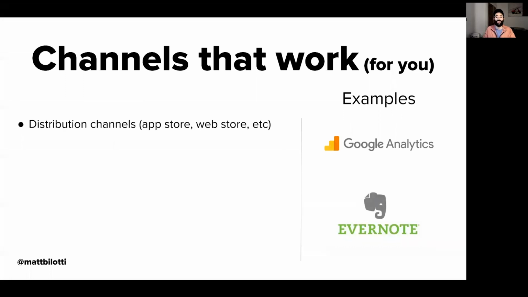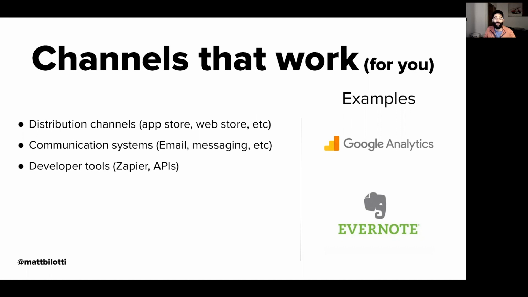There's distribution channels, so App Store, web like Chrome Web Store or others. There's communication systems, so through email or messaging, right? Drift is a messaging platform, Superhuman's an email platform. There's some communication that happens there that can be a channel. Developer tools, so you can build on top of things like Zapier and APIs. This is something that we did really early on at Drift.